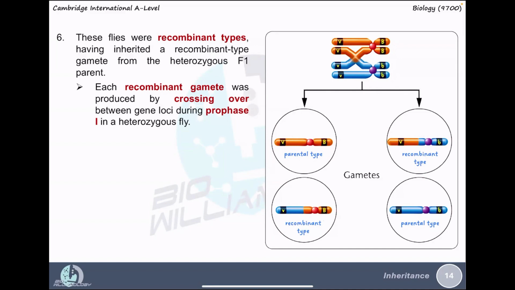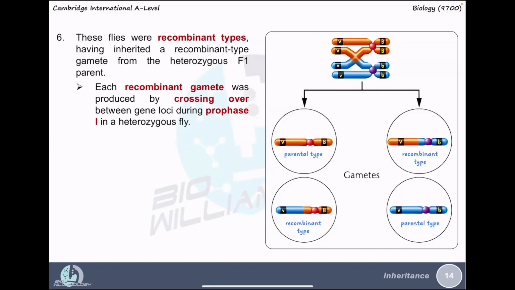That's why the parental type offspring, gray body, normal wing, as well as ebony body, vestigial wing, occur in large numbers. However, during prophase 1, crossing over may take place, and crossing over may not always take place between these two genes.